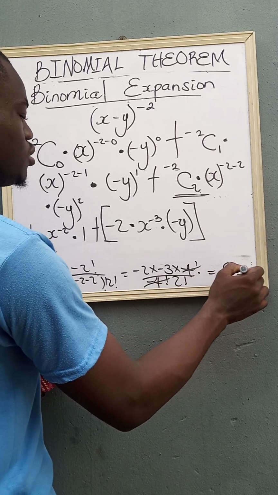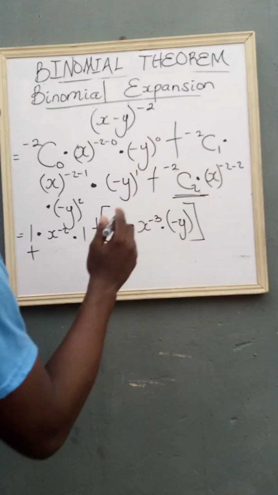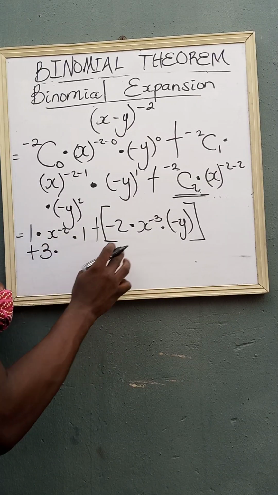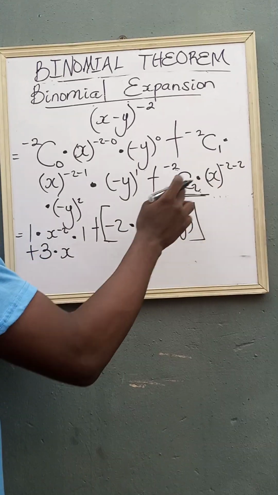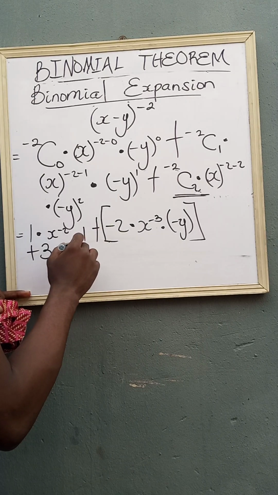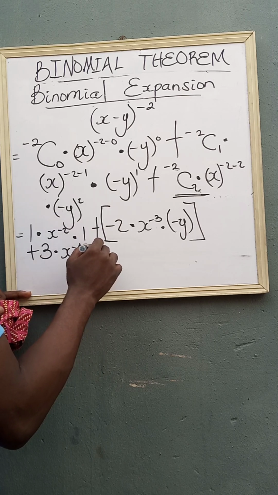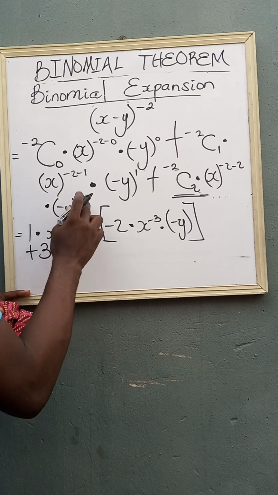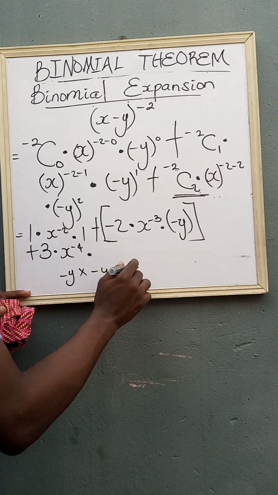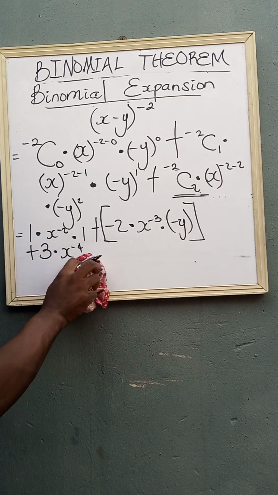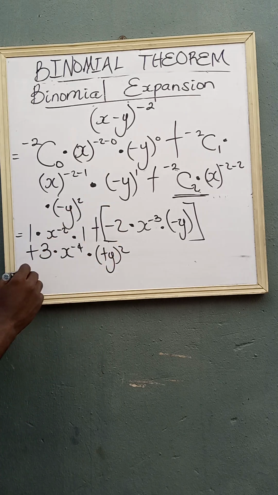So minus 2 combination 2 gives 3. So I have 3 multiplied by x raised to the power of minus 2 minus 2, that is minus 4, multiplied by minus y times minus y. Minus times minus gives plus, y times y gives y squared.